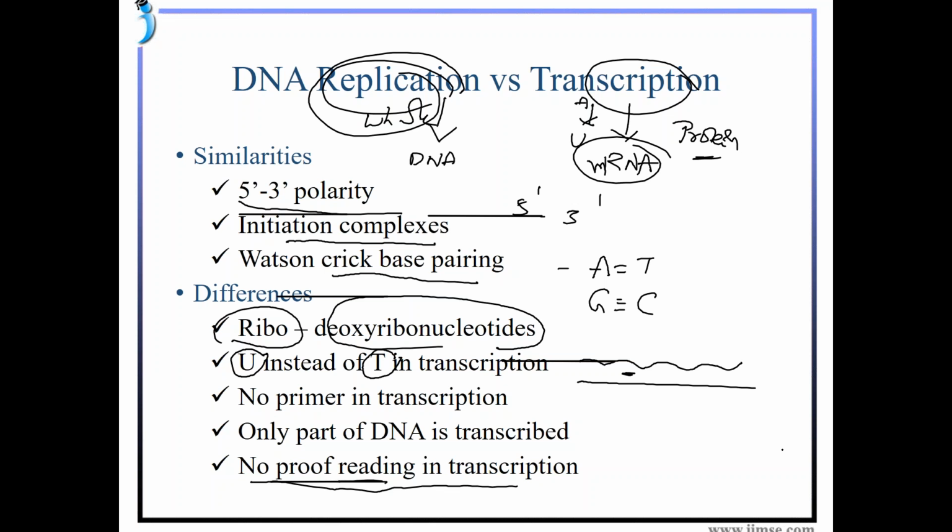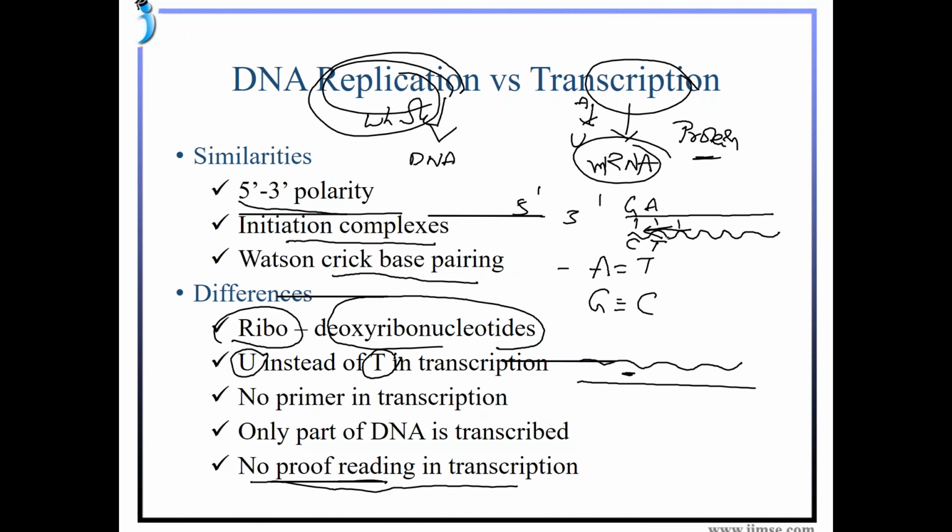Okay, what is proofreading? So we'll see. If this is a template strand, that is your DNA strand, and you are synthesizing a new strand. Let's take it is a new DNA strand being synthesized. Once the enzyme synthesizes, it will recheck whether it has added the exact nucleotide. If this is A and this is G, it should add T here and it should add C here.